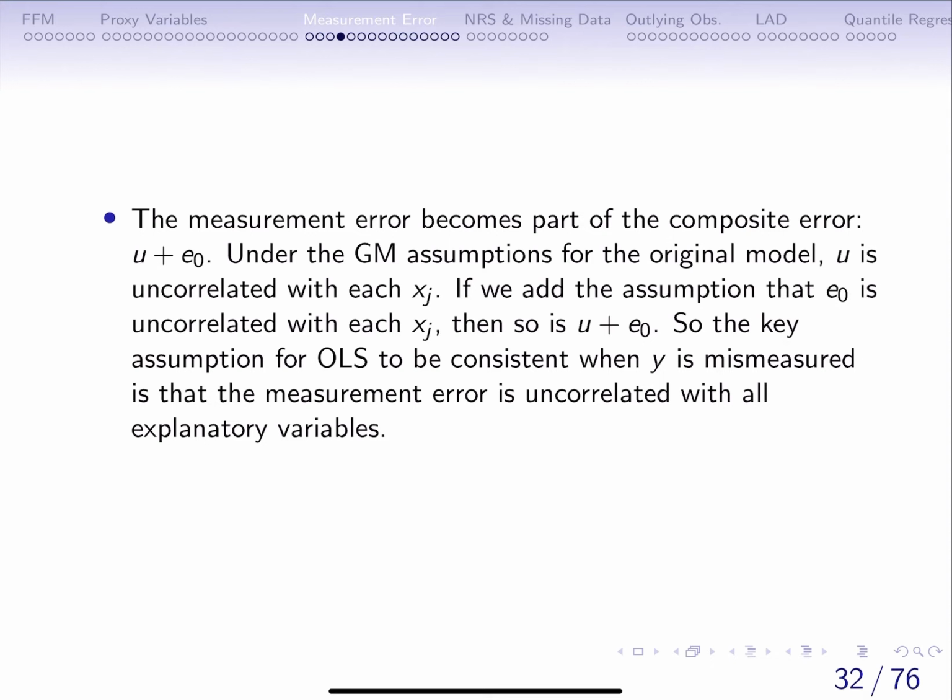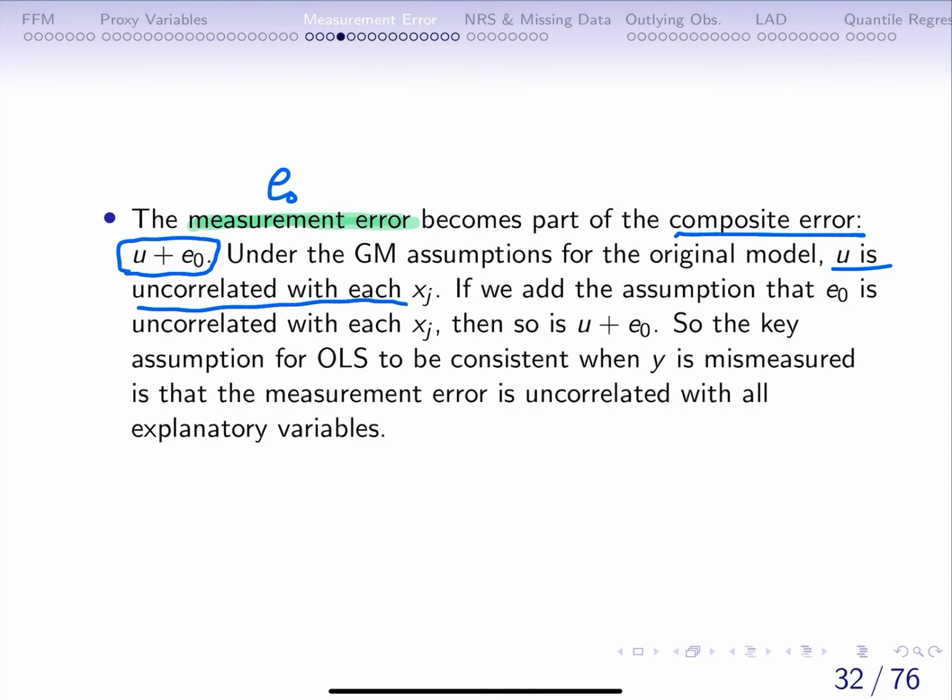So the measurement error E naught becomes a part of the composite error term on the right hand side. Under the Gauss-Markov assumptions for the original model, if those are satisfied, u is going to be uncorrelated with the x's.